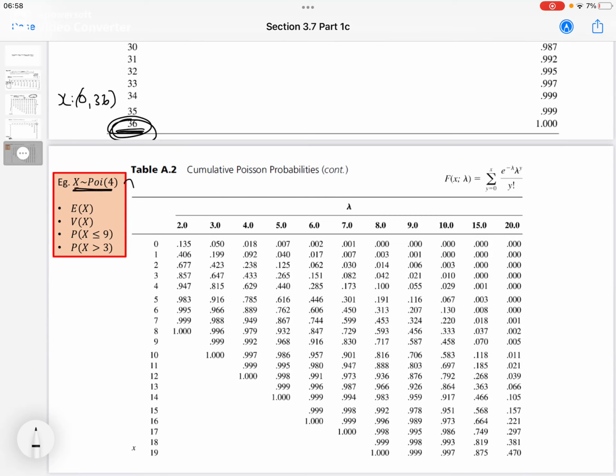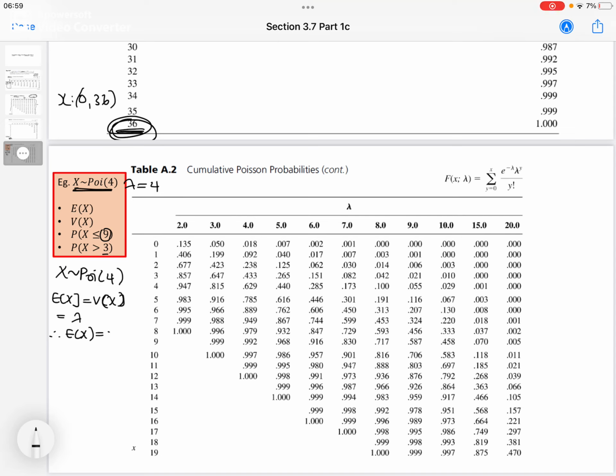Suppose that x follows a Poisson distribution where lambda is equal to 4. We need to calculate the expected value, the variance, the probability of observing at most 9 successes, and the probability of observing more than 3 successes. If x follows a Poisson distribution with parameter lambda equal to 4, then the expected value of x is equal to the variance of x, which, as we just derived, is equal to lambda.